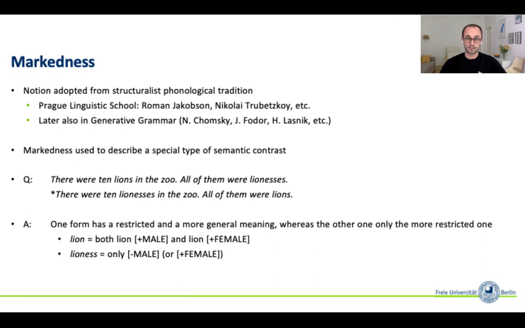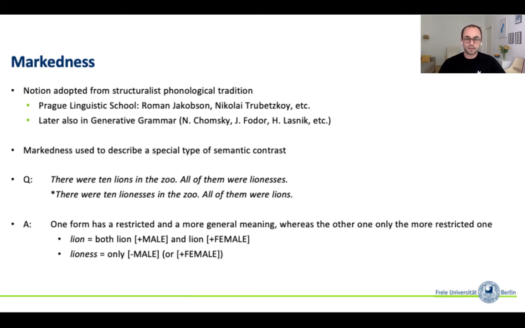This would be lion, whereas another form is only showing the more restricted meaning, right? So a lion can be both a male lion and a female lion, used to refer to all genders of a lion, but a lioness is a word that only refers to female lions.